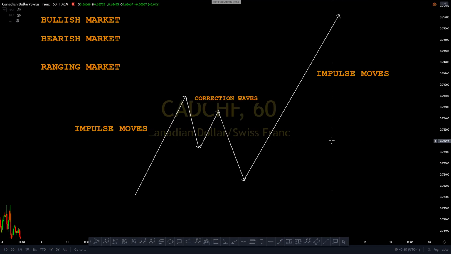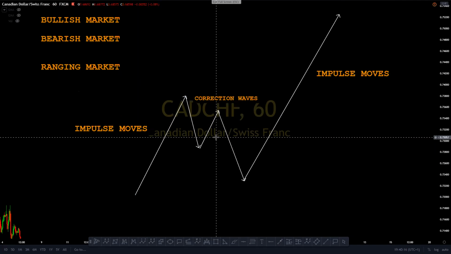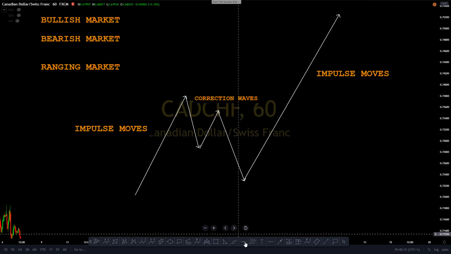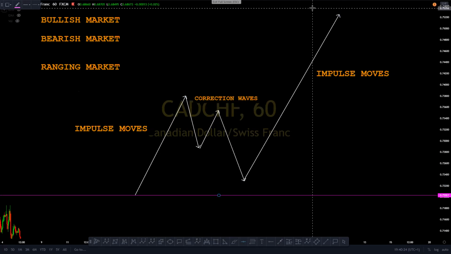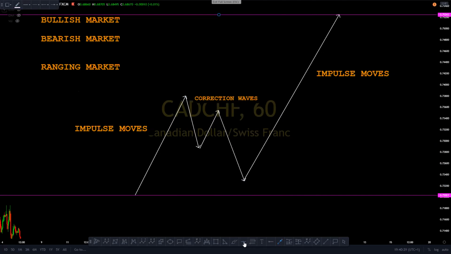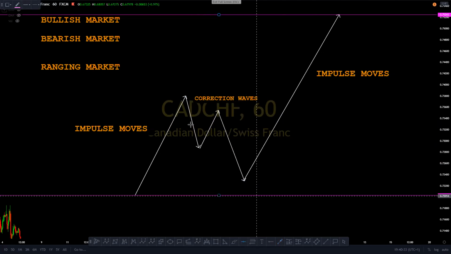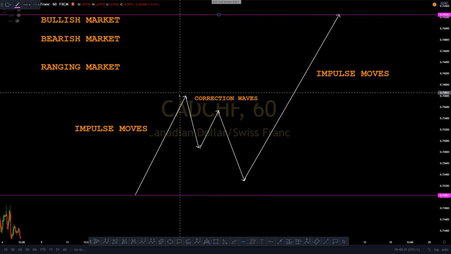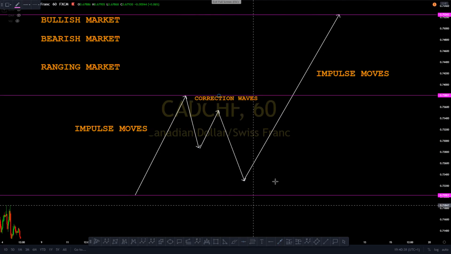So when you open your chart to analyze any market, first of all, you need to identify the support and resistance. This is our support, this is our resistance, this is our resistance too, and this is our support also.